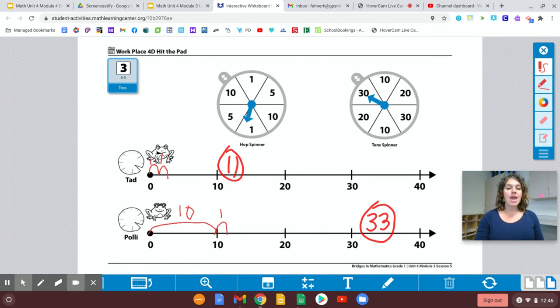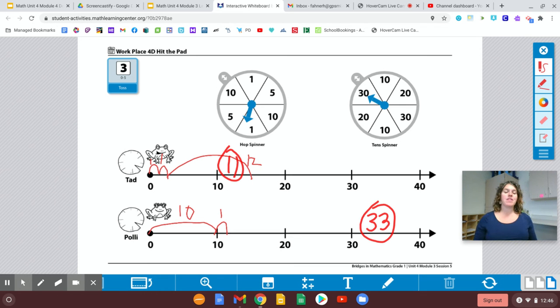So for example, if I spin and get a 10, and that would take me all the way to 12, like this, past my magic lily pad, I can take that, and then the next time I could just jump backwards 1. But if I think, no, I just want to keep moving forward, I can just skip my turn with that 10, and it would be Polly's turn.